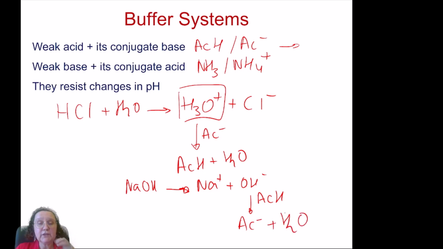So you are giving those hydroxyl ions something to react with, which means there are fewer of them, so the change in pH will be much smaller than if they had nothing to react with, which would mean a very dramatic change in pH.